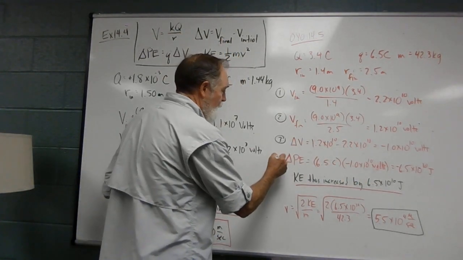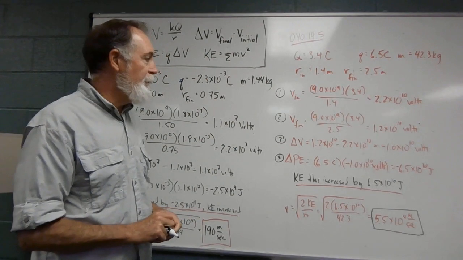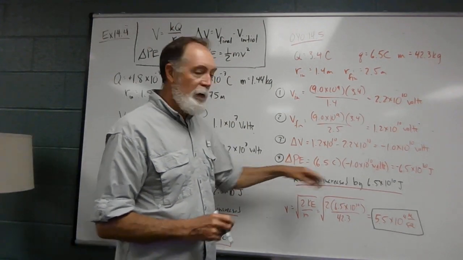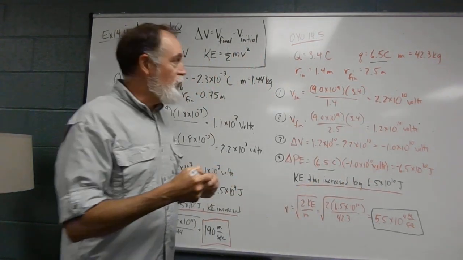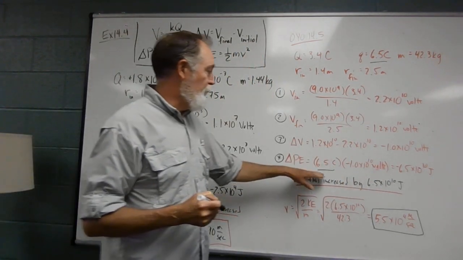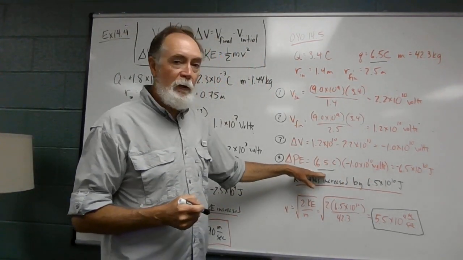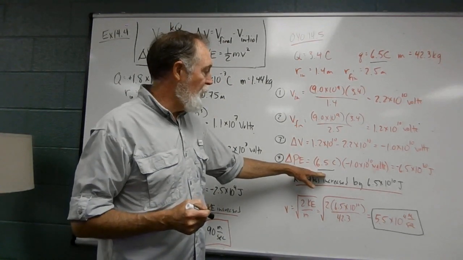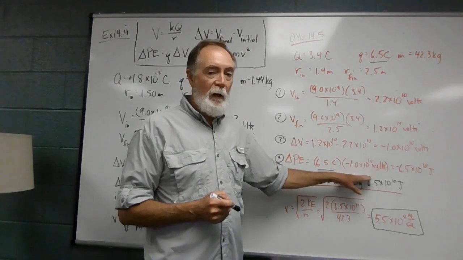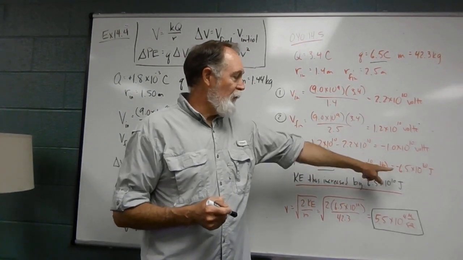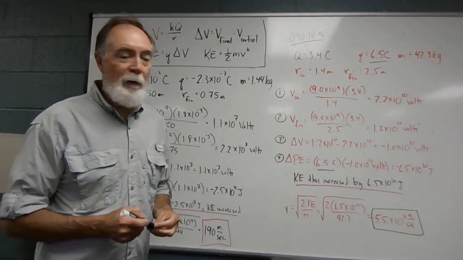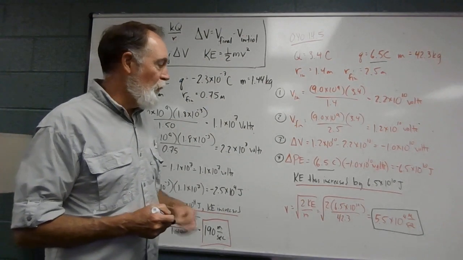Then that allows us to calculate the potential energy. And here is where we use the charge on the moving particle. That's where small q comes into play, lowercase q. So 6.5 coulombs times the change in voltage, and that results in negative 6.5 times 10 to the 10th joules.